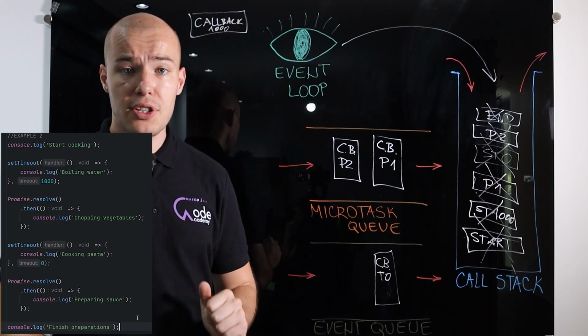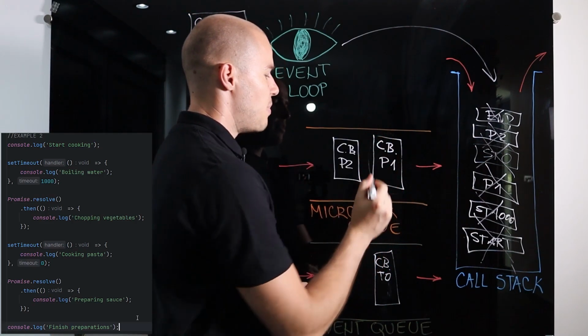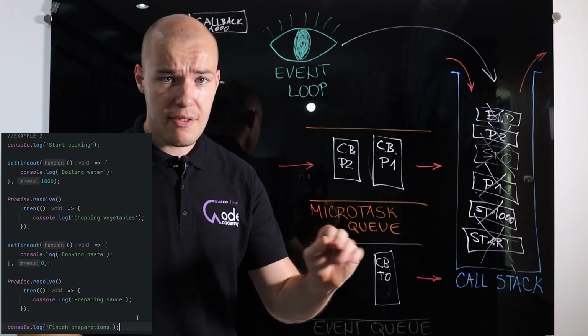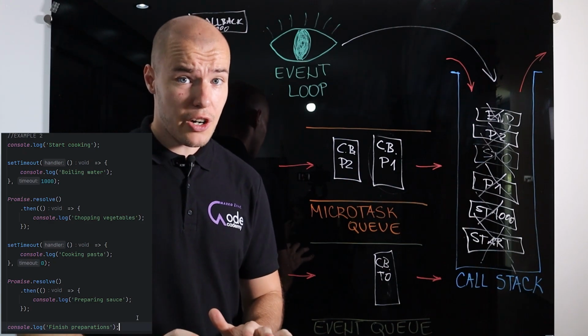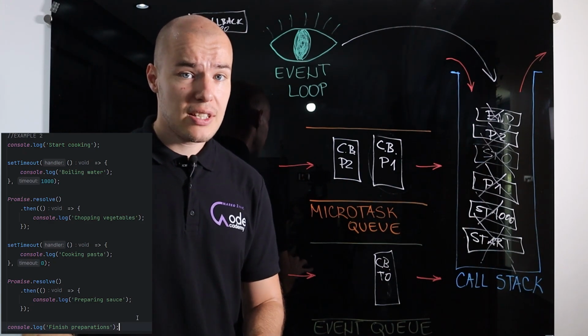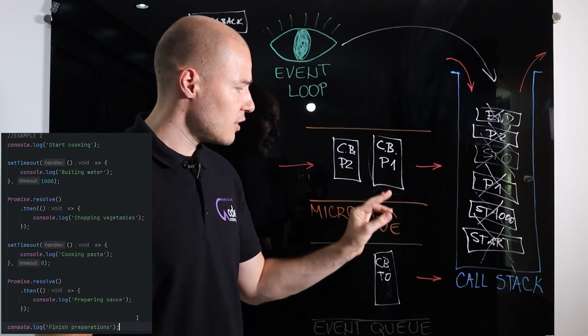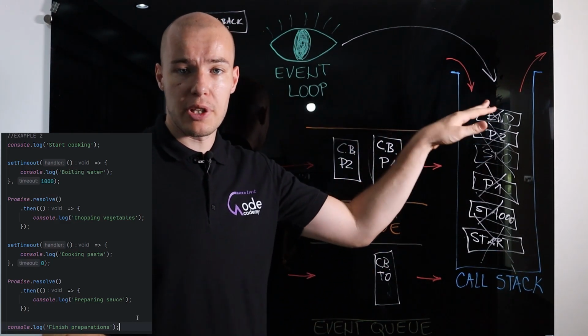So the first thing that is going to be taken is going to be this one. Because as you remember from our previous lesson, queues are a first in, first out architecture. So that means that the first thing that was pushed on the queue is going to be the first thing that is going to be popped off from it.